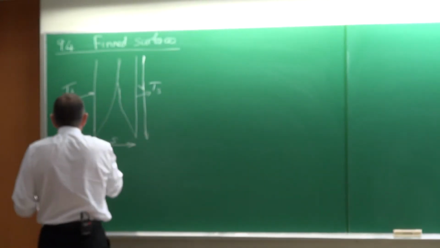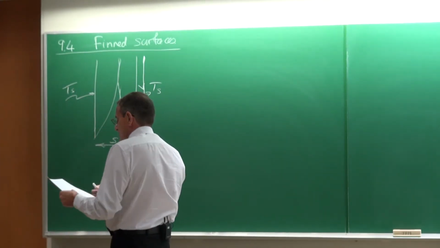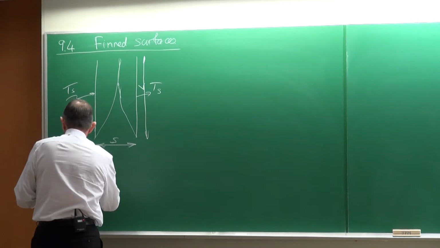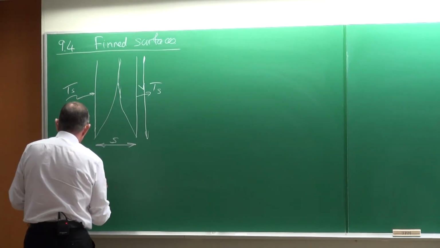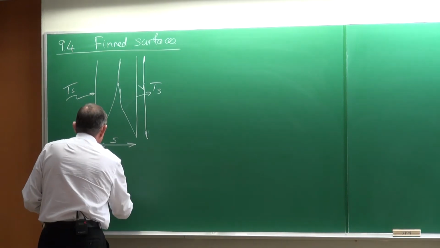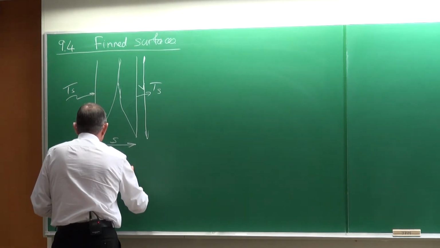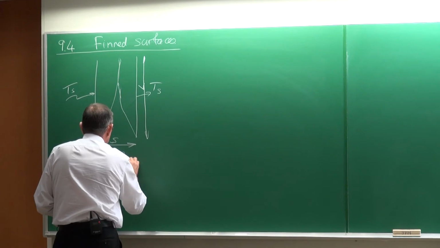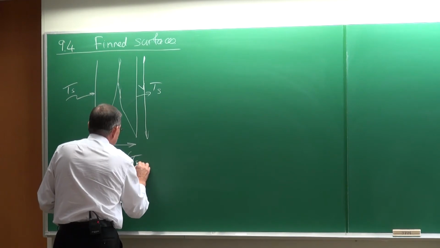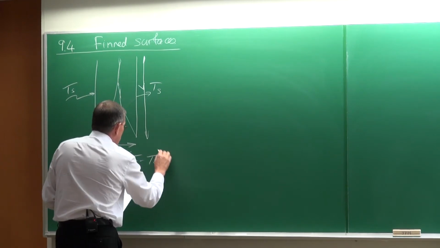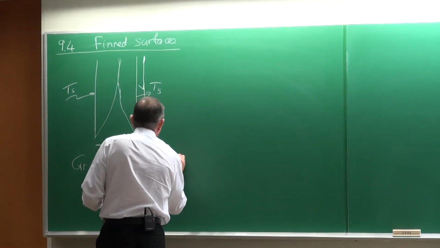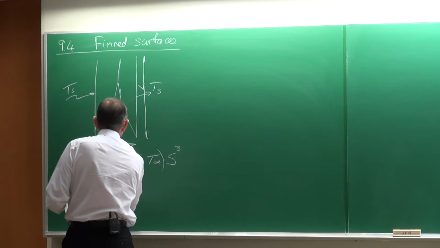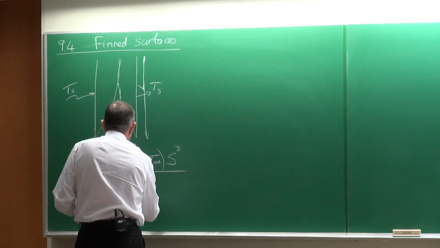So with all natural convection problems, the non-dimensionalized group that is very important is the Grashof number, which is equal to g beta (Ts minus T infinity), so the temperature difference between the plates and the environment, S to the third, divided by the kinematic viscosity squared.